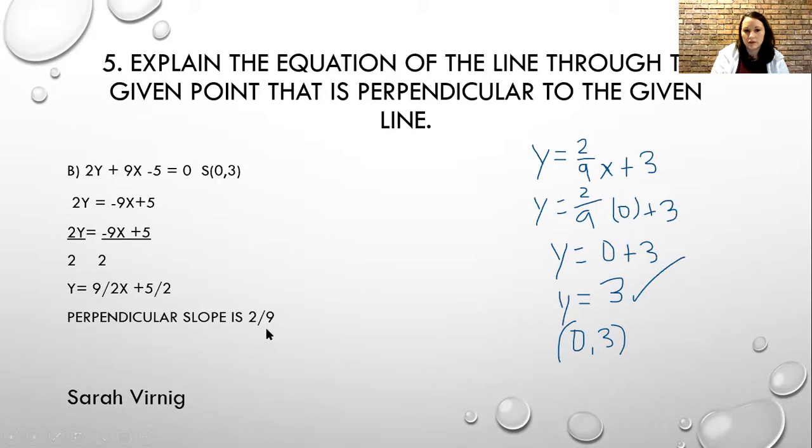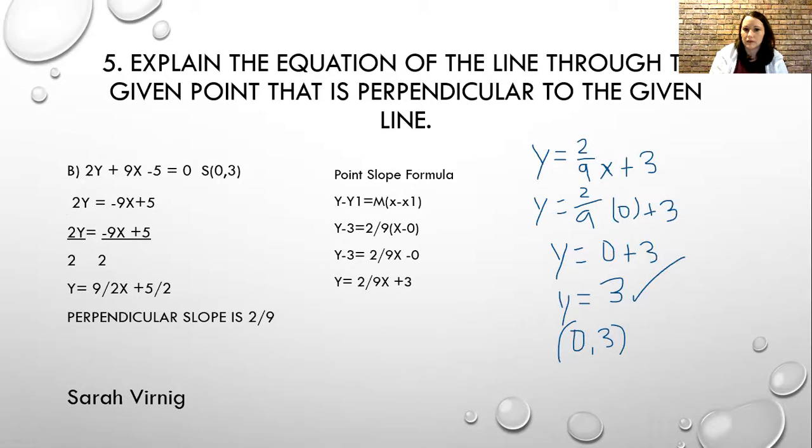Our perpendicular slope is 2 divided by 9 because we're going to take the reciprocal of 9 over 2. And again, if we want to check our work, we're going to substitute our 0 in for the x value. We're going to end up with 3, and we know that's correct because 3 is our y value.